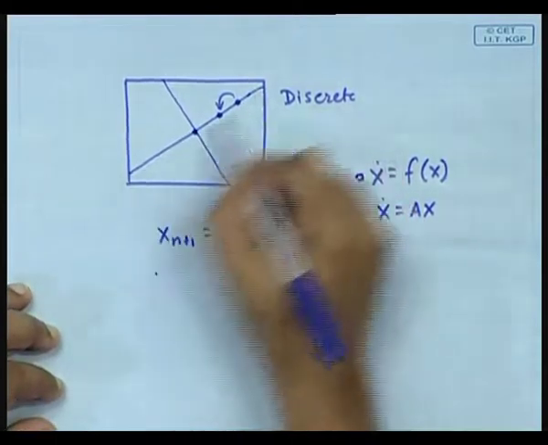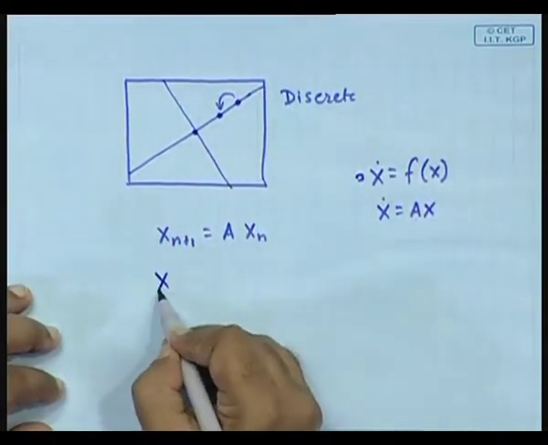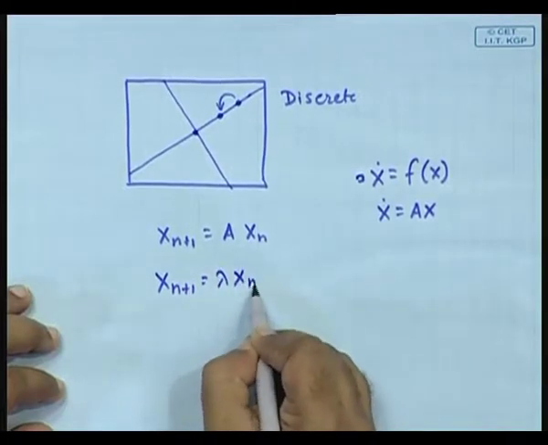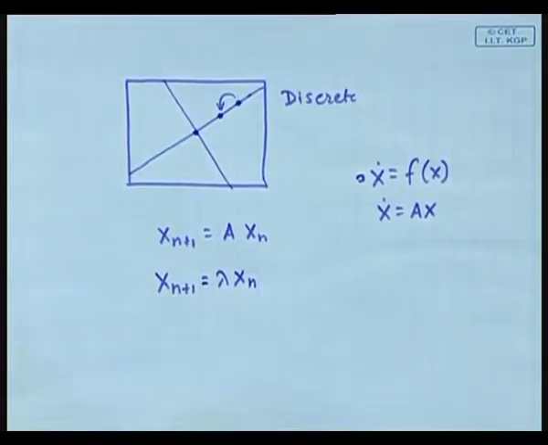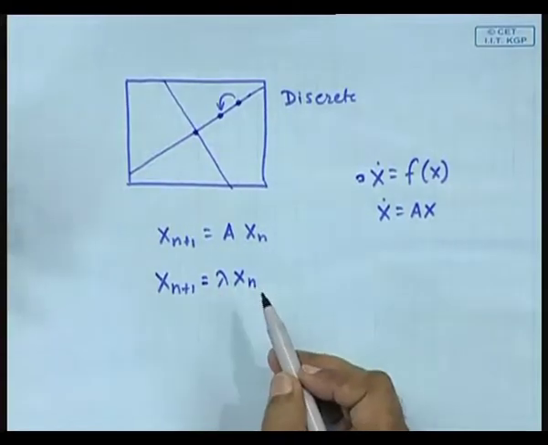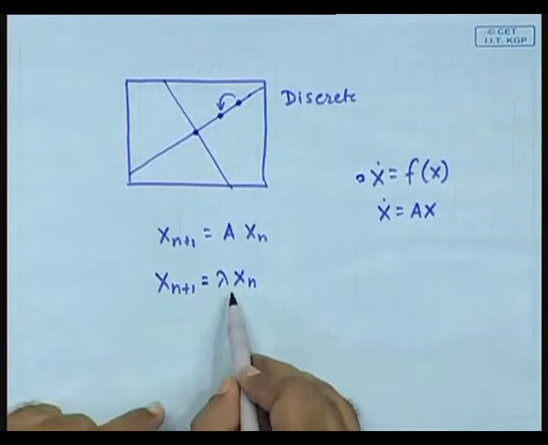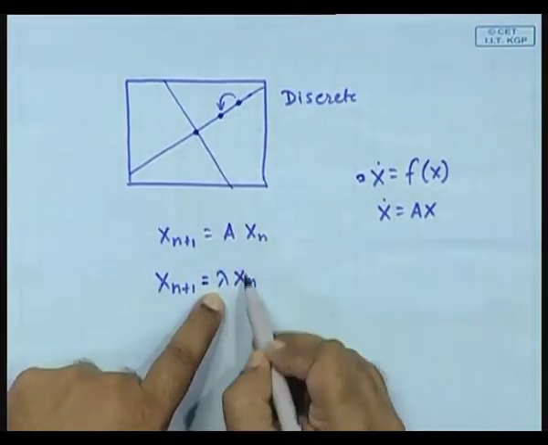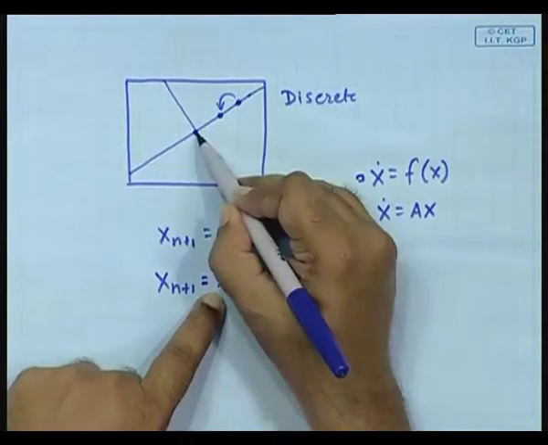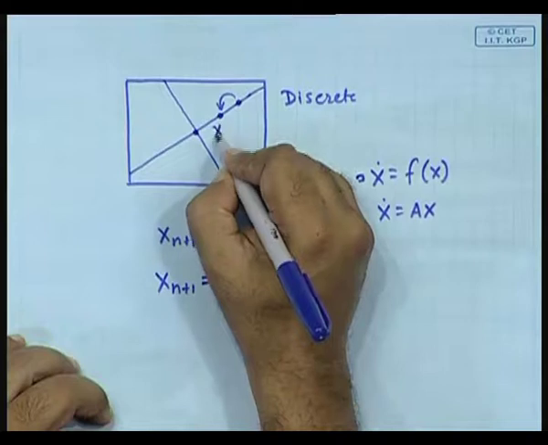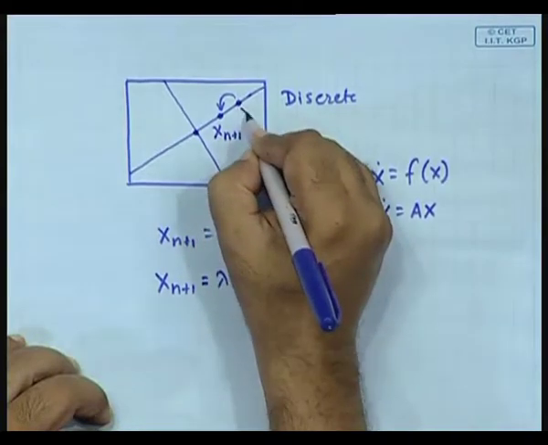If you have this in the eigen direction, then x n plus 1 is equal to lambda x n. Lambda is a number. If that number is say 0.6 or so, then what will happen? If you have x n here, times 0.6 will be x n plus 1. So, this is x n plus 1 and this is x n.